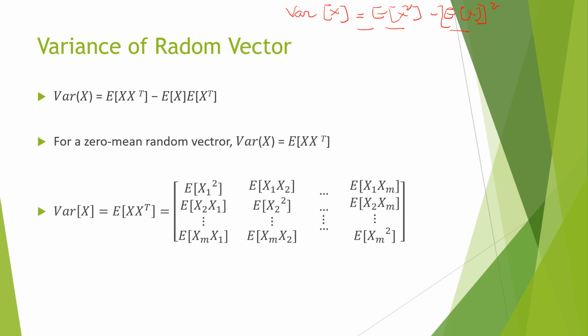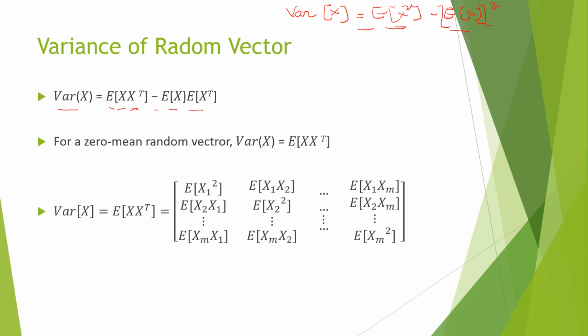The same equation, if you extend for a random vector, is given as variance X is equal to expectation of X into X transpose minus EX into EX transpose. We know for vectors, the multiplication requires a column vector and a row vector. That is why here we have X and X transpose in the place of X squared, and EX and EX transpose in the place of (EX) whole square.